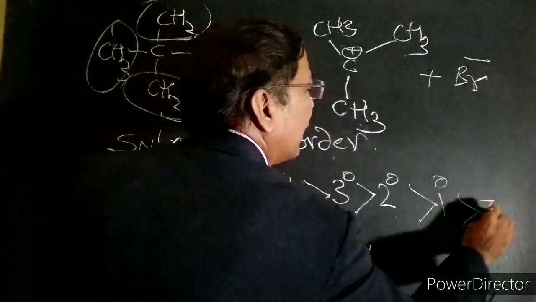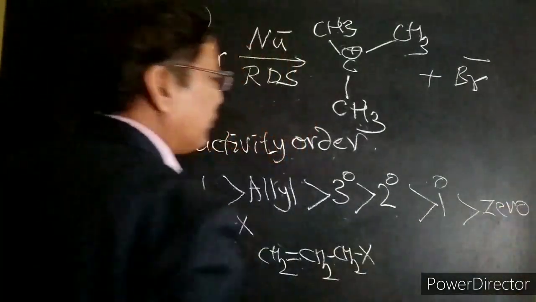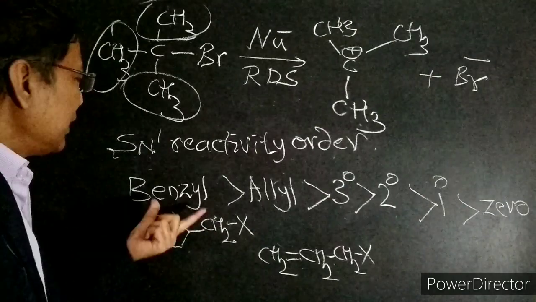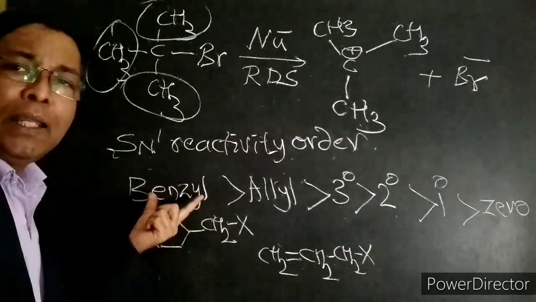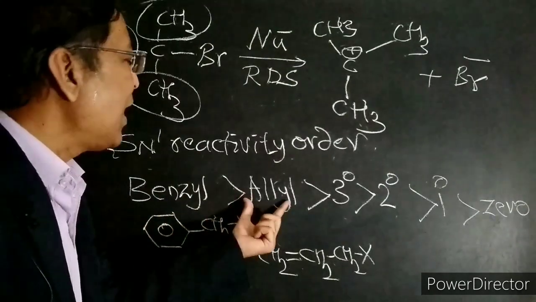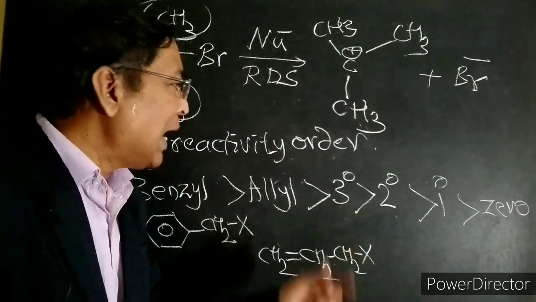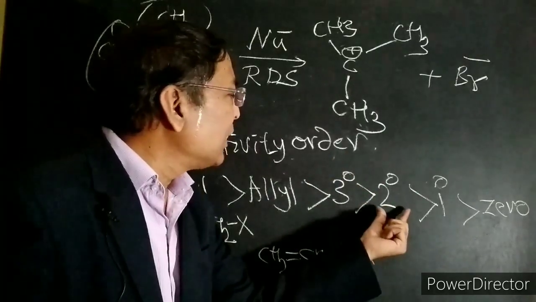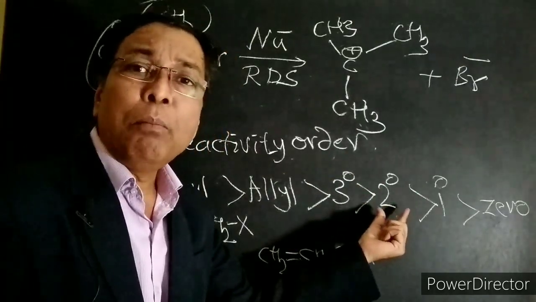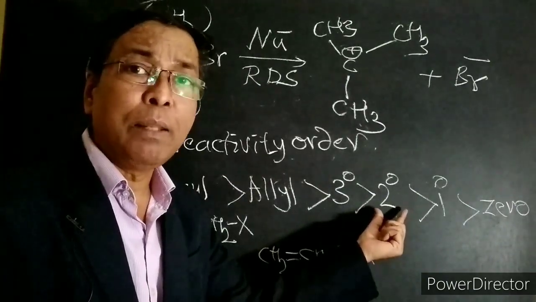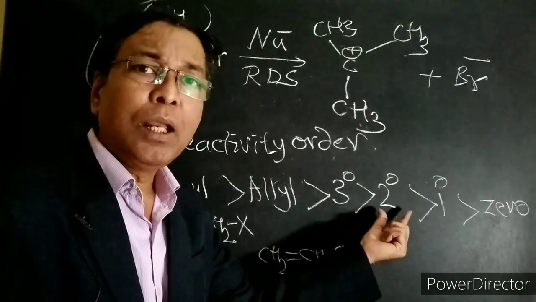You have to remember that the SN1 reaction takes place readily in benzyl halides, then allyl halides, then tertiary alkyl halides. The secondary alkyl halides may or may not undergo SN1 reaction mechanism because it depends upon the reaction conditions.